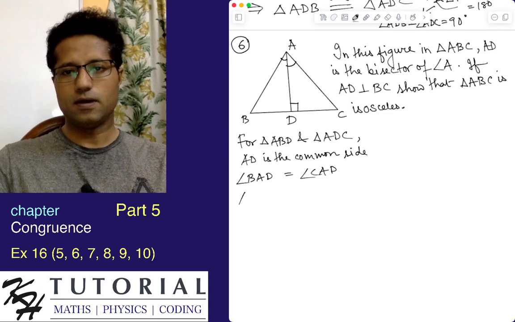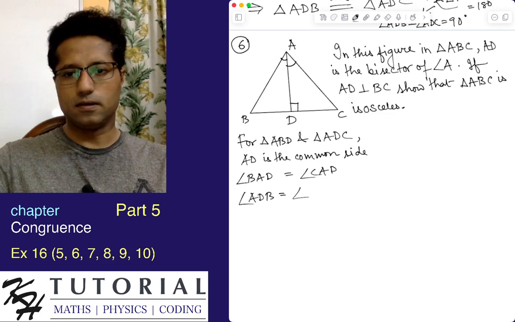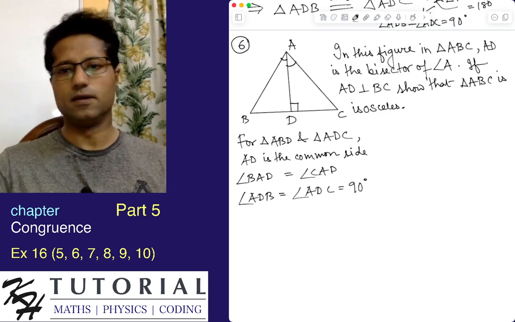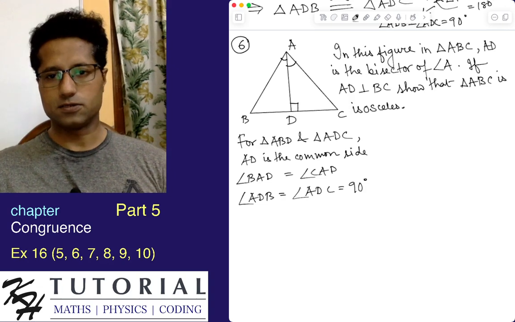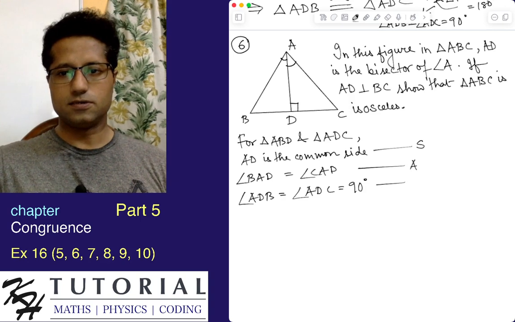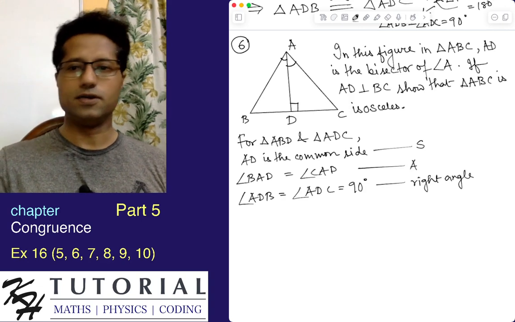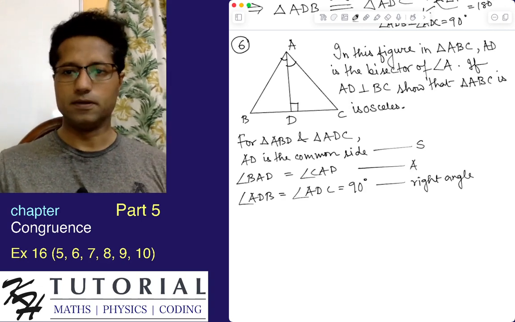So we have angle ADB is equal to angle ADC, which is equal to 90 degrees. So we have three matching parts. This is a side, this is an angle, and this is a right angle. So definitely we have to use the RHS congruence property.